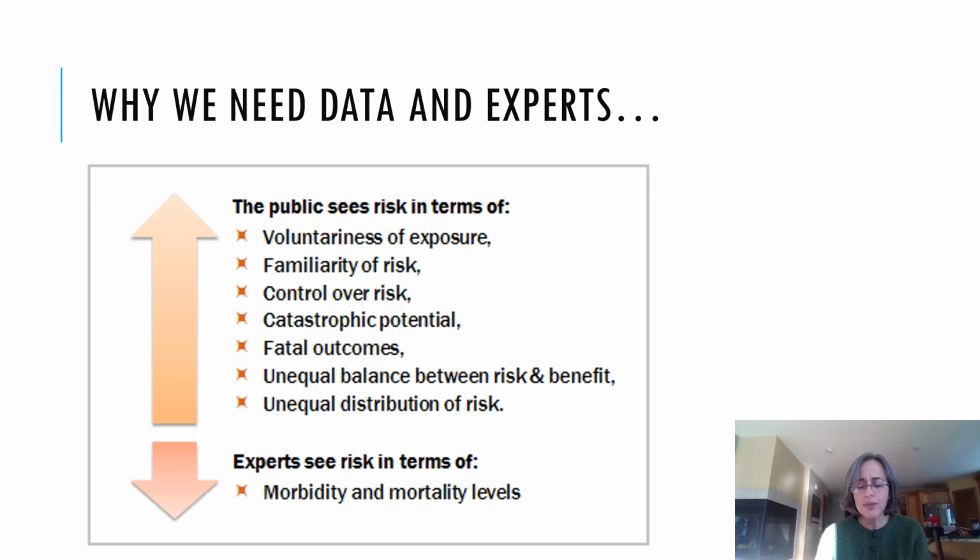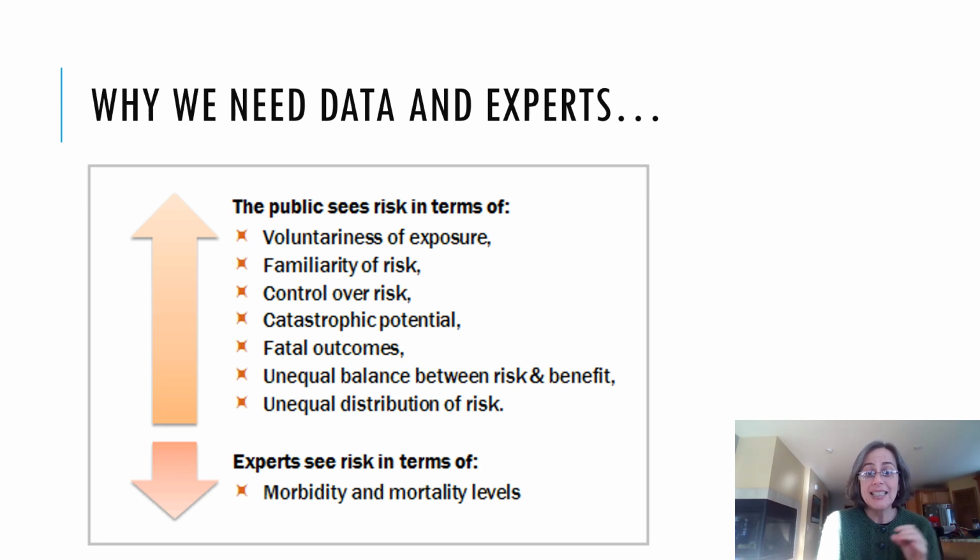So all of these reasons are why we need data and experts, right? As individuals, as human beings, due to our nature, our sense of risk is impacted by our sense of control, familiarity, amount of dread, all types of things that do not actually give us an accurate picture of what the true risk is.